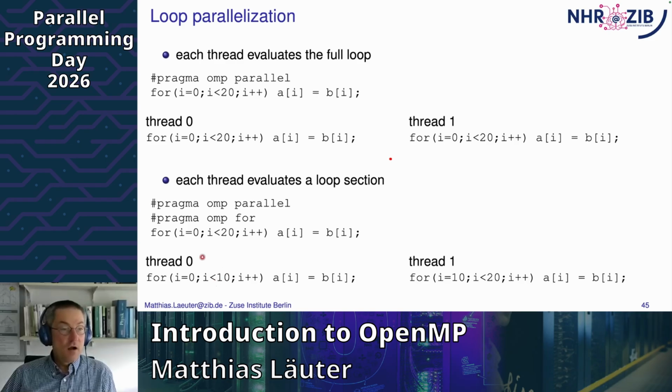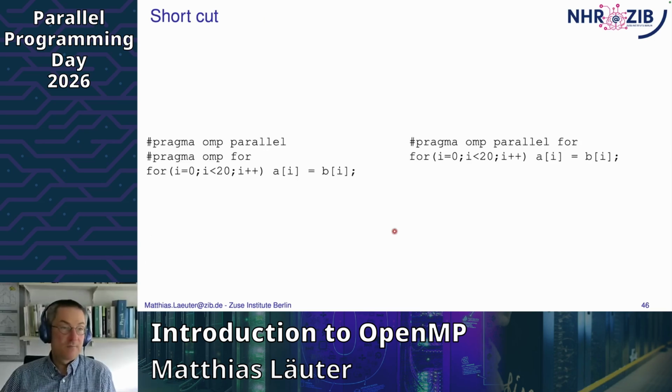So now thread 0 is evaluating half of the loop, and thread 1 is doing the other half. And this really has the property that it can run faster. To write it shorter, you can merge both lines into one. So OMP parallel for is the same.